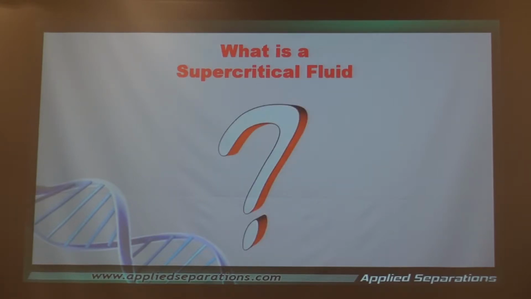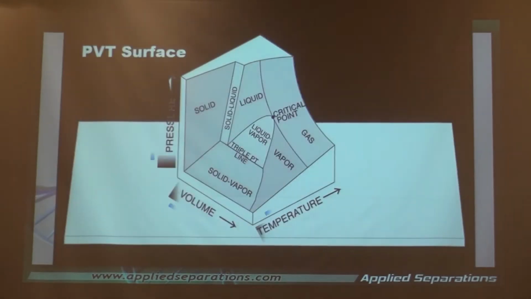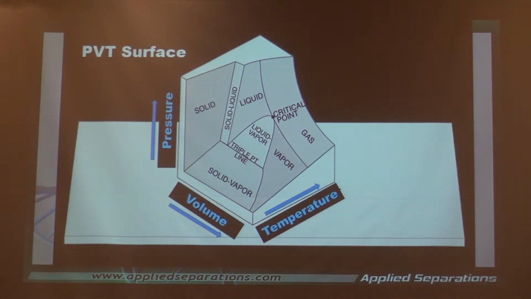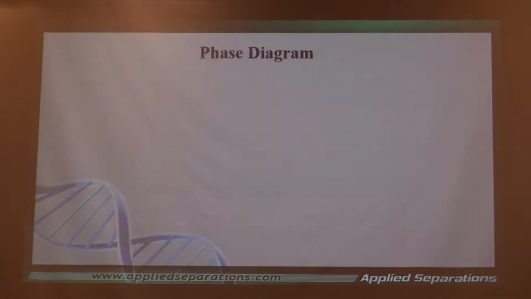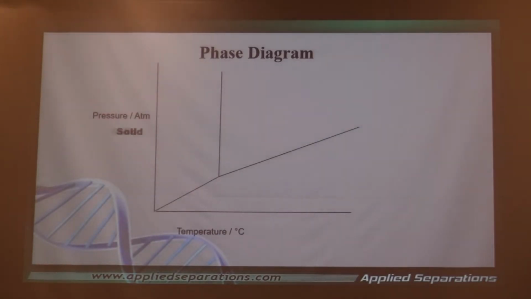So, what is a supercritical fluid? The easiest thing to do is to go into a three-dimensional PVT surface, and I'm going to take a part of that in a phase diagram. We've all gone through this, so I am going to speak quickly, because everyone knows this. If we start with a liquid and we increase the temperature, it goes to a gas. Water goes to steam.